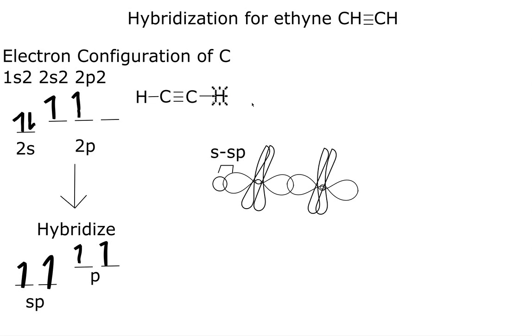Okay, and we also have this hydrogen here, so we're going to need another 1s orbital. And so we have another s. Oh, that didn't duplicate. Let me try that again. There we go. So we have another s to sp bond right there. Now we have our sigma bond right here in the middle between these 2 carbon atoms.